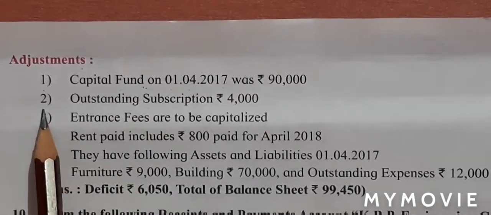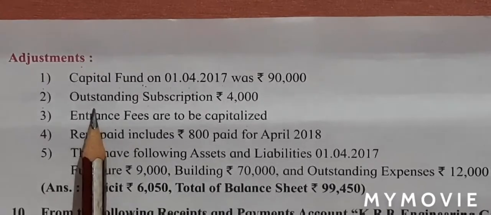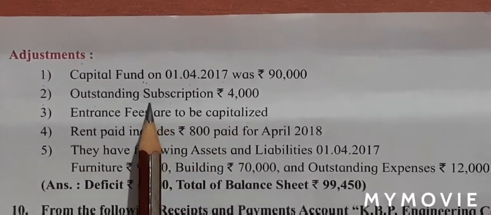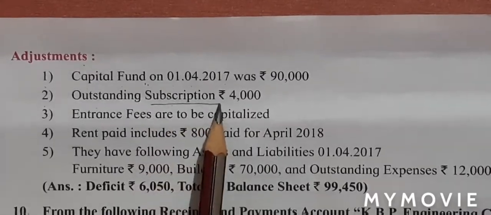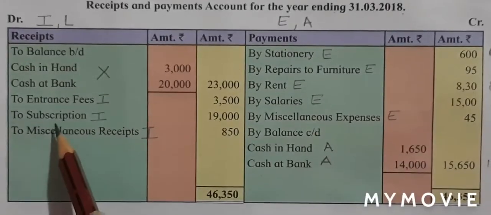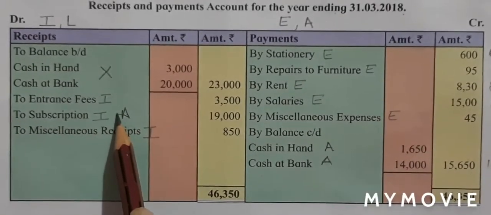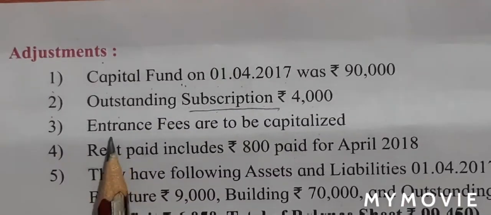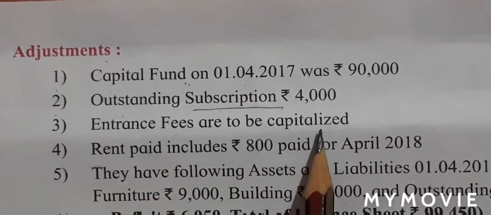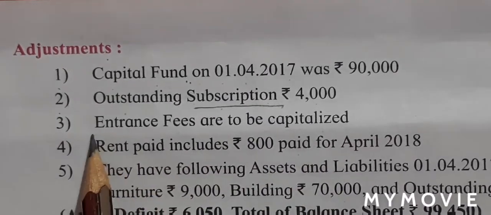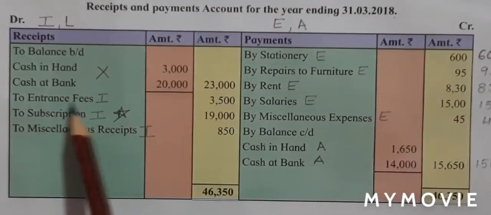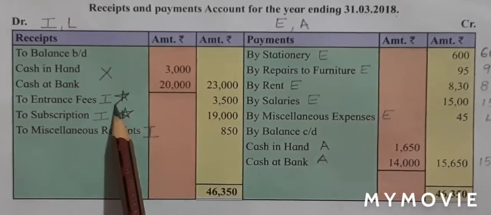Let's go to the second adjustment. Outstanding subscription rupees 4,000. So we will have to mark a star for subscription. Adjustment number 3. Entrance fees are to be capitalized. So for entrance fees, I will mark a star.